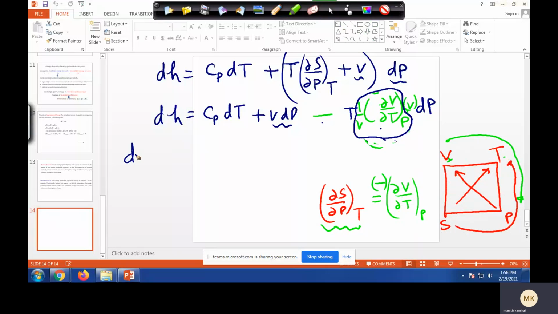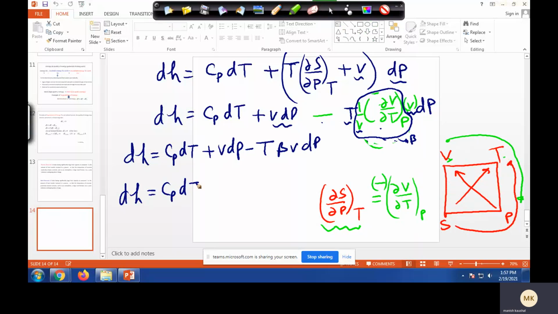So dH is Cp dT plus V dP minus T is here, then this whole term is beta. We multiplied with one V also to manage this V dP. So we have proved already dH is Cp dT plus V minus T beta V dP.